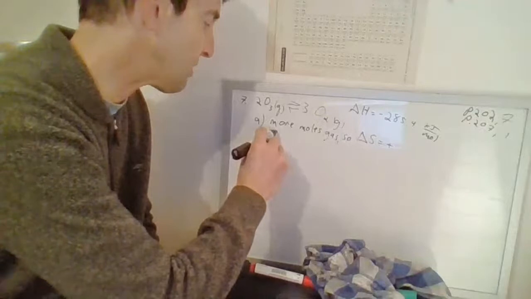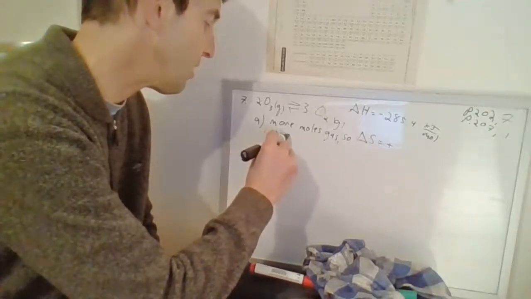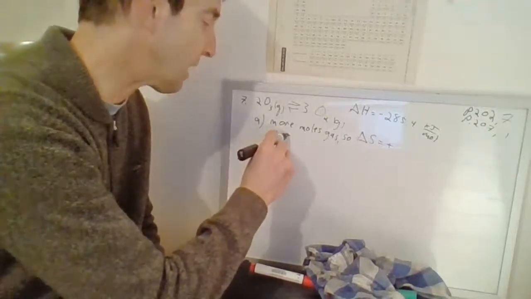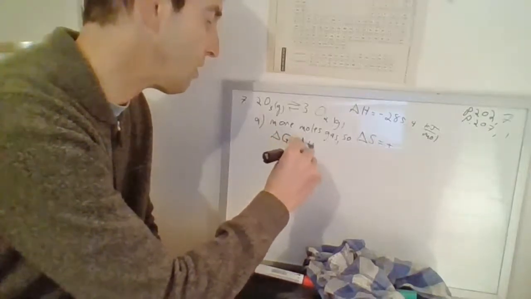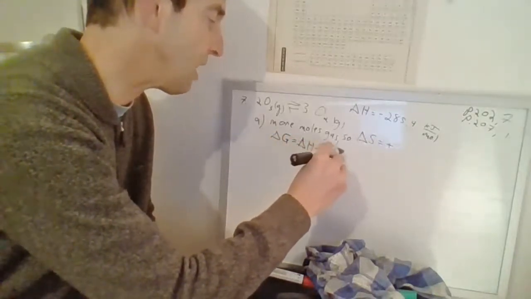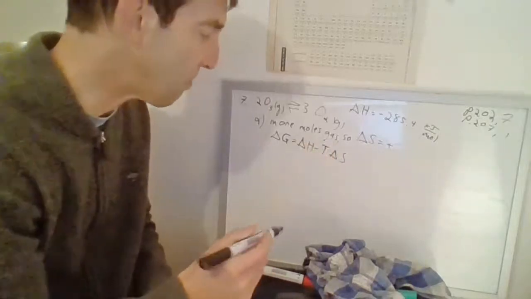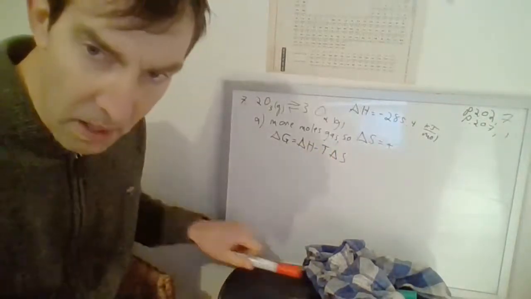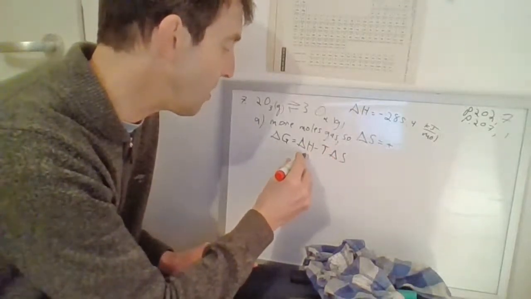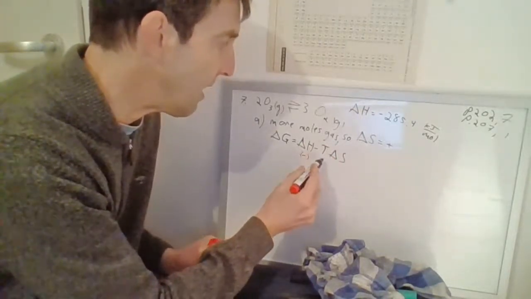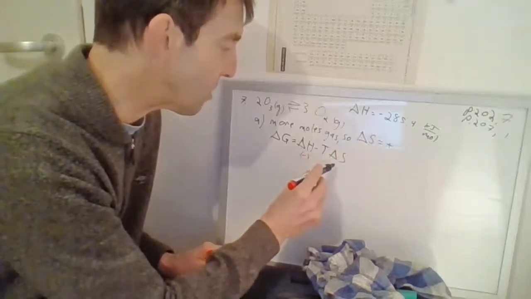To get the delta G sign, I got to use the equation, I think. Delta H minus T delta S. Remember, T is the temperature. So, my people, if this is negative, and the entropy is positive.